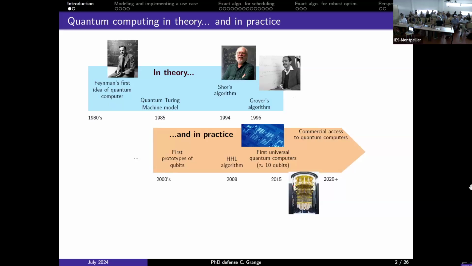Even if people were still working on theoretical algorithms, such as the algorithm of HHL, which solves a linear system, other computers came, and almost 10 years ago, the first universal quantum computer was born. And today, we have commercial access to quantum computers.